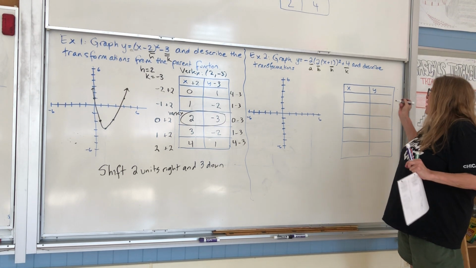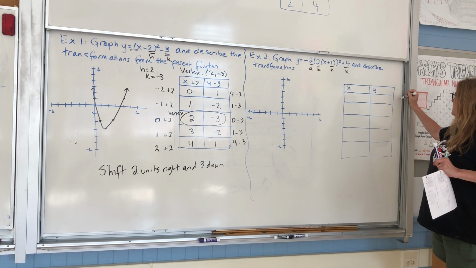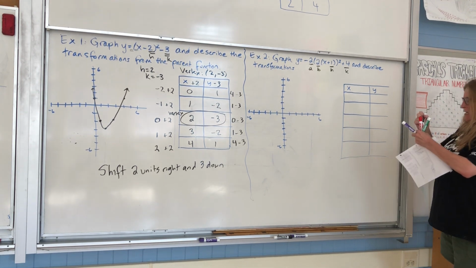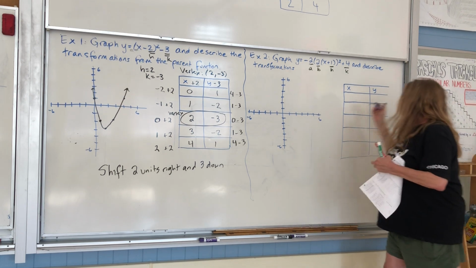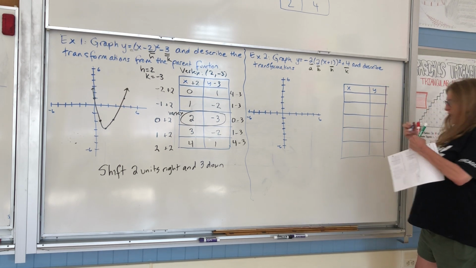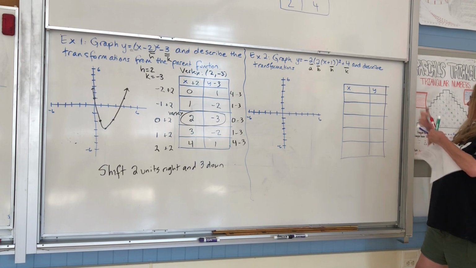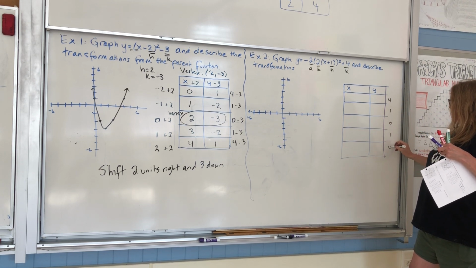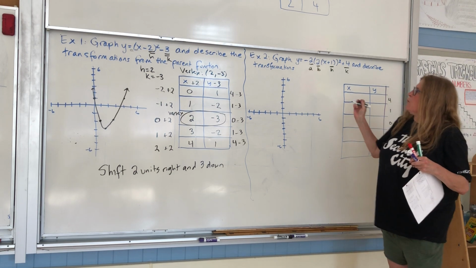I'm just going to recopy the Y parent values right here. Oh, I didn't leave a lot of room here, did I? And they're 4, 1, 0, 1, and 4. So let's see, what affects the Y?